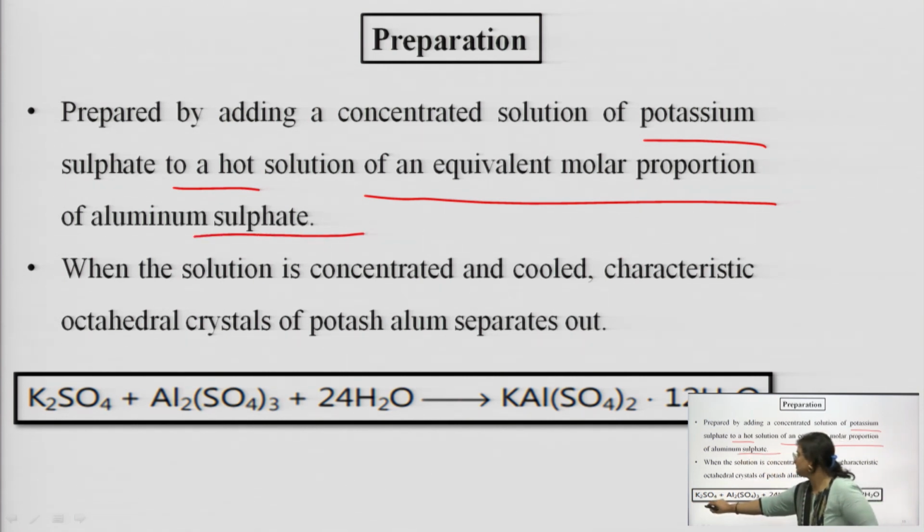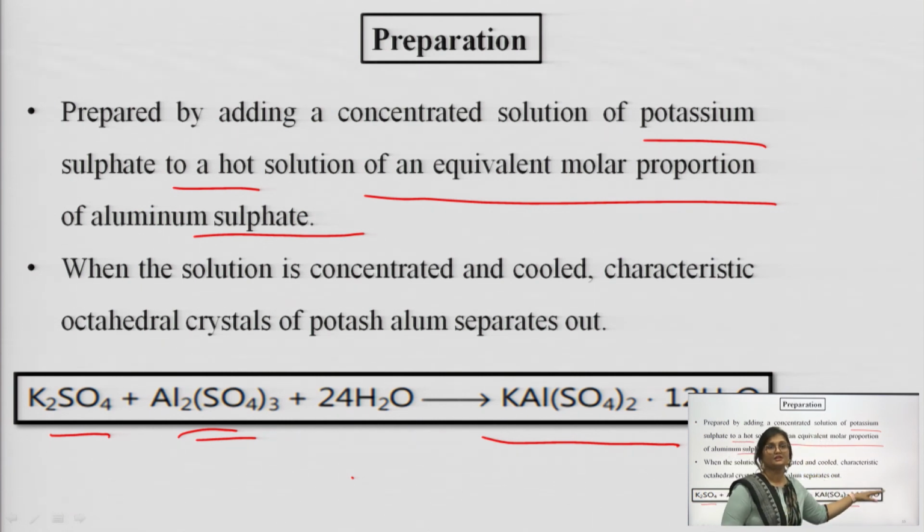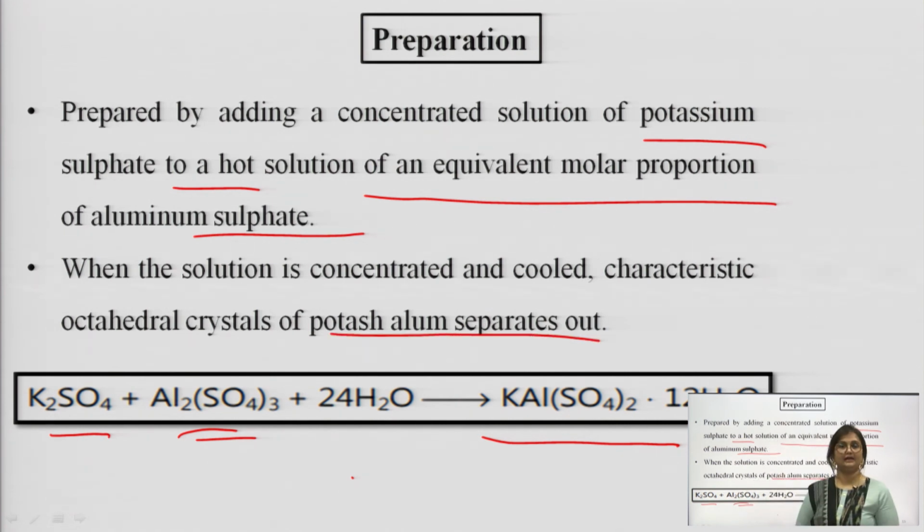Potassium sulfate and an equivalent molar solution of aluminium sulfate in the presence of water form KAl(SO4)2·12H2O. When the solution is concentrated and cooled, characteristic octahedral crystals of potash alum separate out.